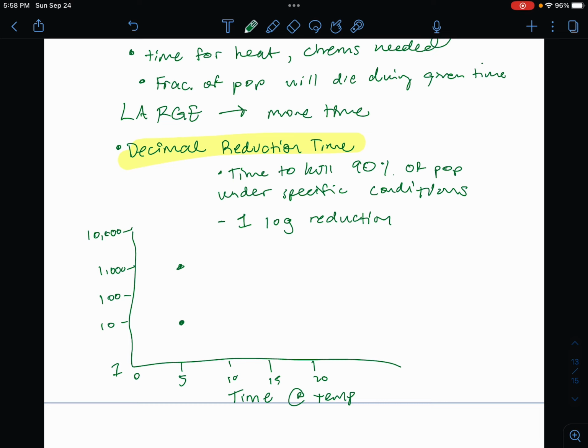There's going to be a line going down, starting from 10,000 surviving cells, in a diagonal line all the way to the bottom. And this time here, if we had 10 surviving cells, this is called D. This is our decimal reduction time.